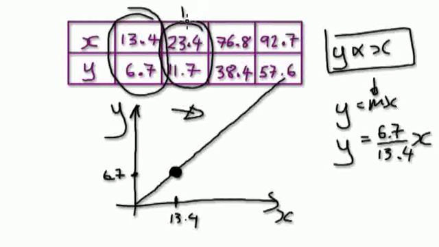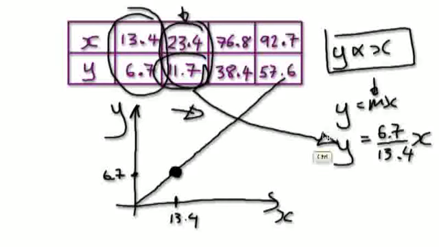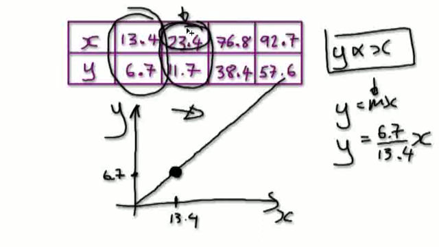Now let's check this point here. Let's put this x into the x in the equation, and then see if the y lies on this line. Let's put 23.4 into the x, so it gets multiplied to the top.